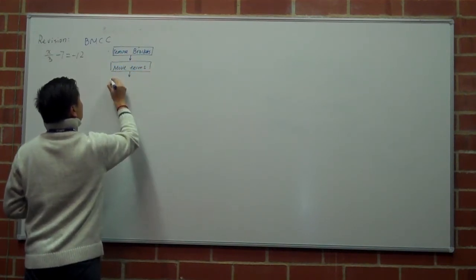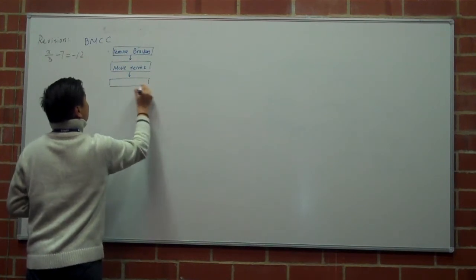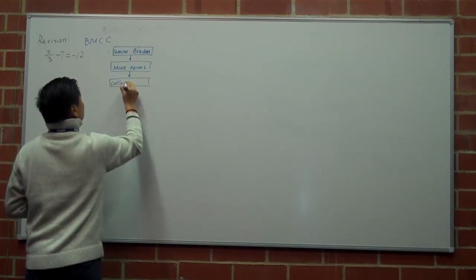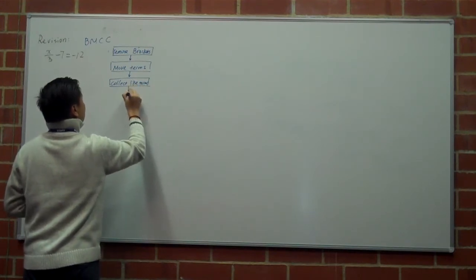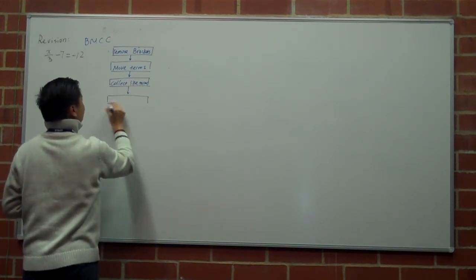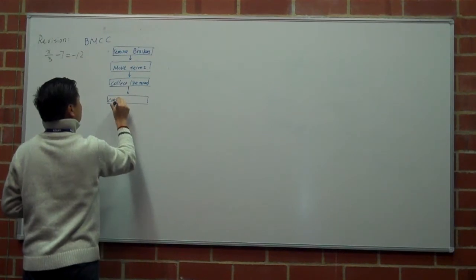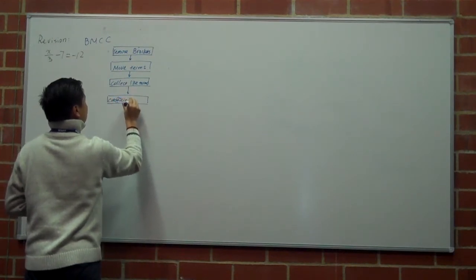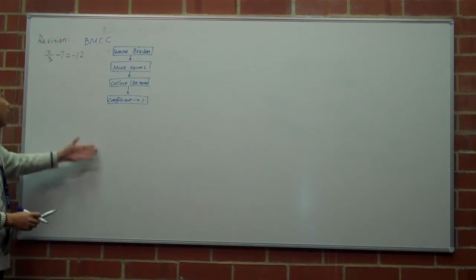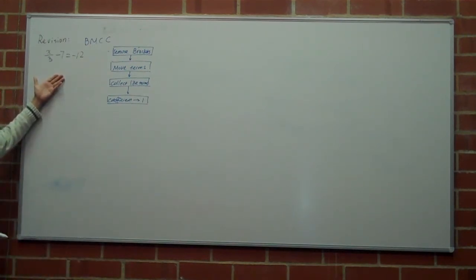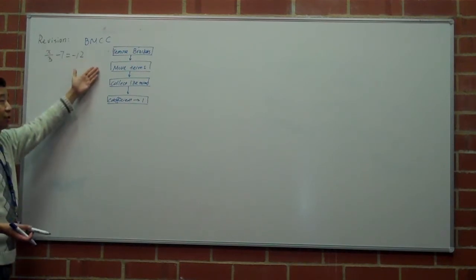And then C means collect like terms. And then the last C is make the coefficient 1. So please remember BMCC. Now whenever you solve any questions, you can follow those steps.